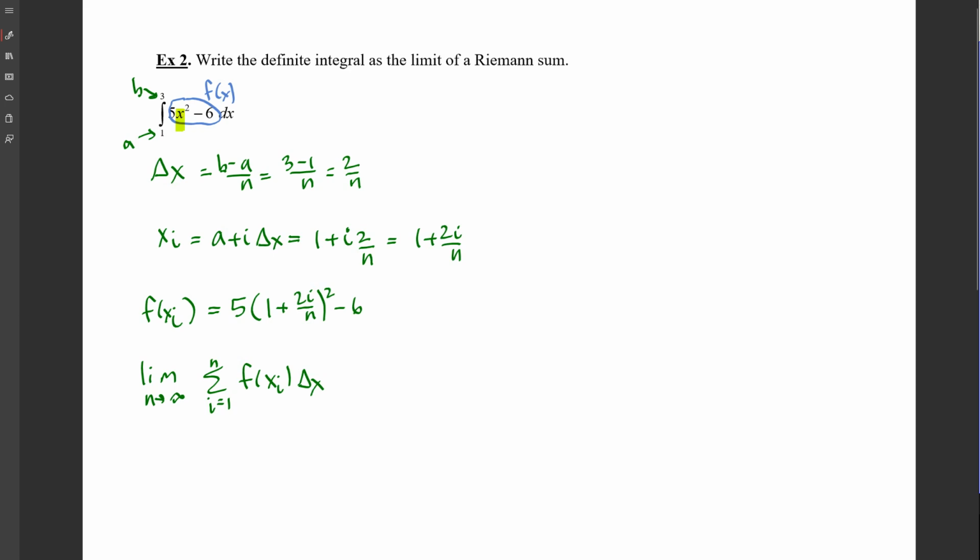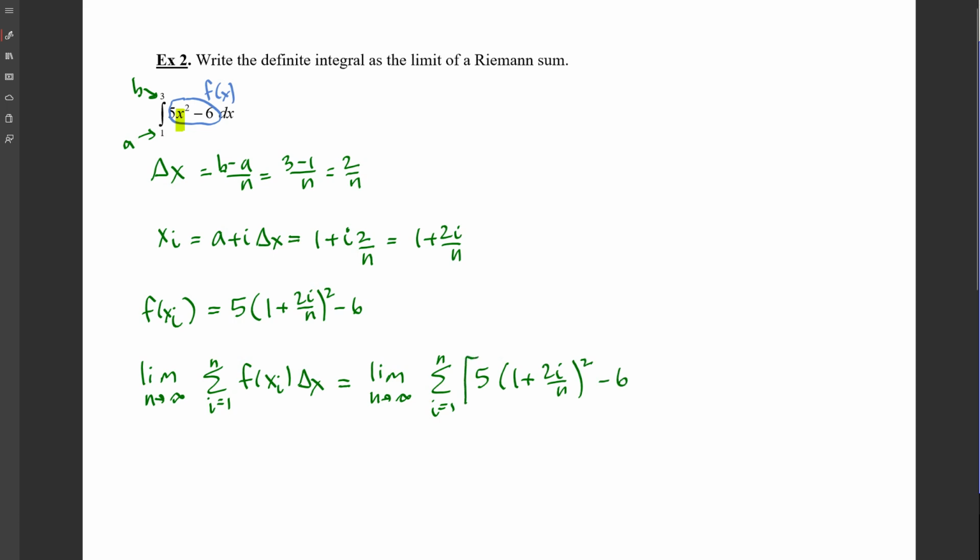Then the next thing I do is I plug into this limit formula. This limit formula says the limit as n goes to infinity of the summation i equals 1 to n. Then I put in my f of x, so that will be 5 times (1 plus 2i over n) squared minus 6.